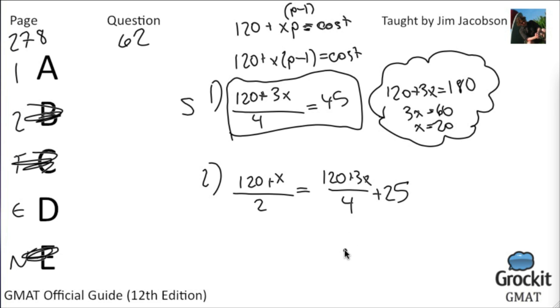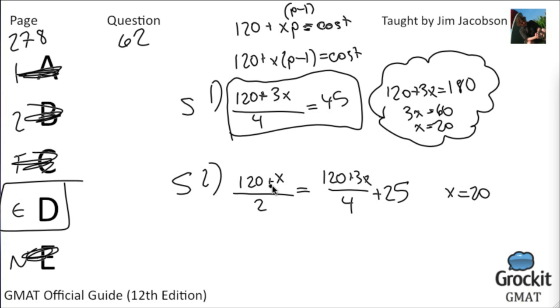So even though this ends up looking kind of ugly, there is still only one variable. We would multiply every part of this equation by 4, and then subtract some x's and things like that, and it would come out to be the same answer, that x equals 20. So statement 2 is also sufficient. We can cross off A and confidently select D. Either statement on its own is sufficient.